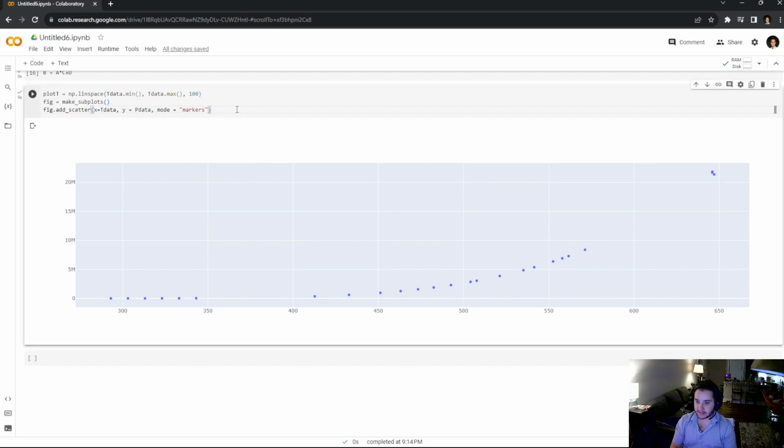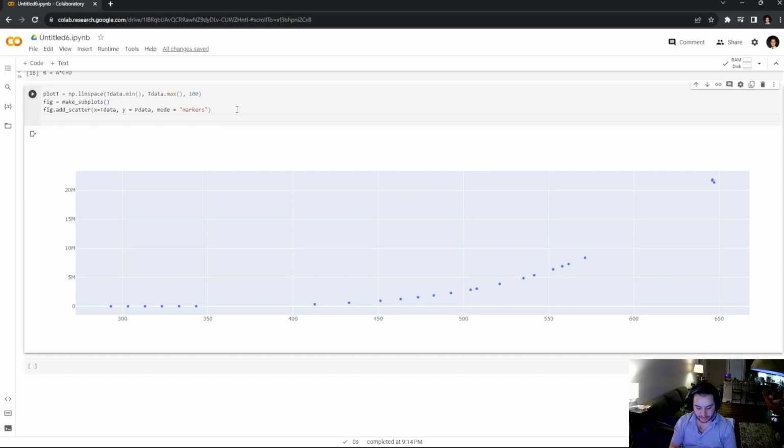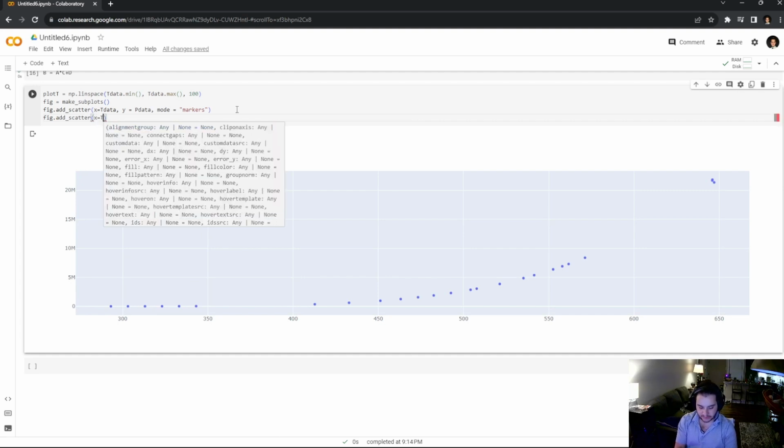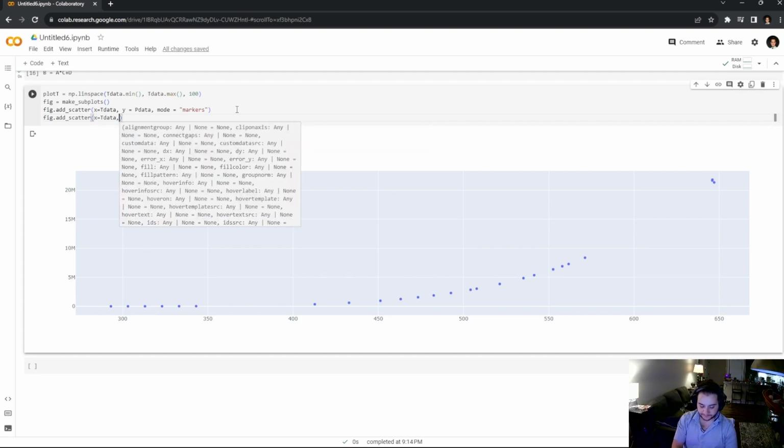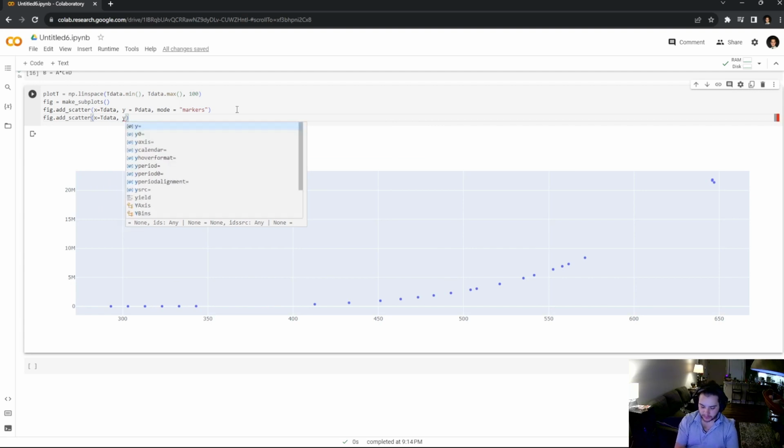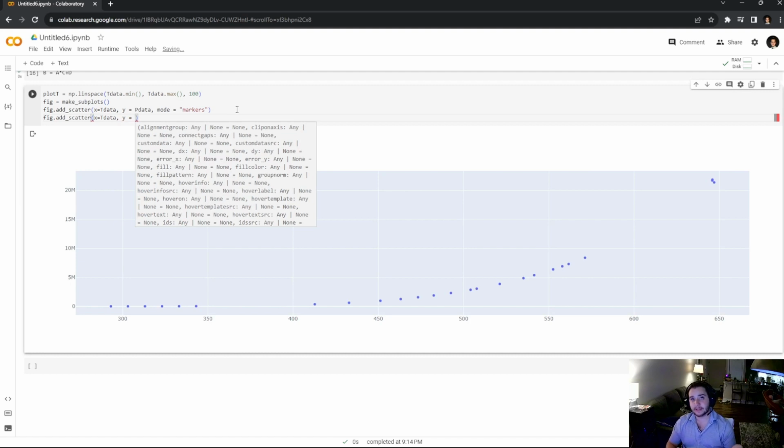So now we need to add in the actual Antoine's equation. So fig.add_scatter, x is still equal to T data, y is then equal to the actual Antoine's equation, but we have to move the natural log over to the other side.